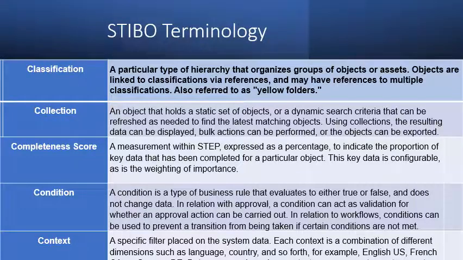It's a combination of different dimensions, like country, language, population, ethnic group, anything. You define the context based on that, and it helps differentiate and get whatever data you want during the search.